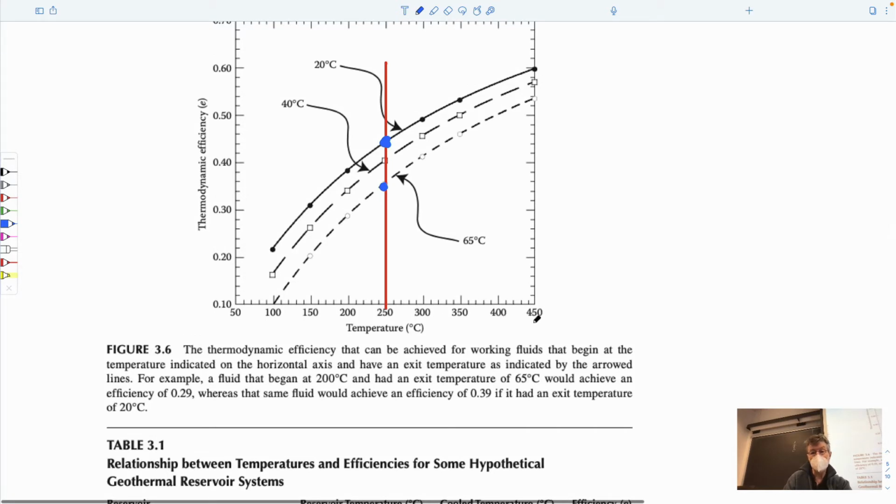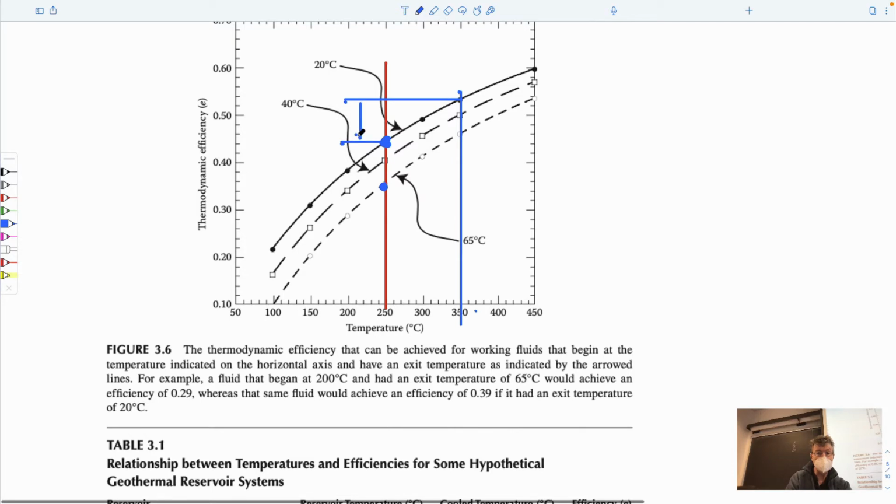If your reservoir is at the critical point of water, which is 3 something, right? Is it of the order of 350? Then your efficiencies go up slightly. So if you reject at 20 degrees centigrade versus this, then that's also a change of about 10%.